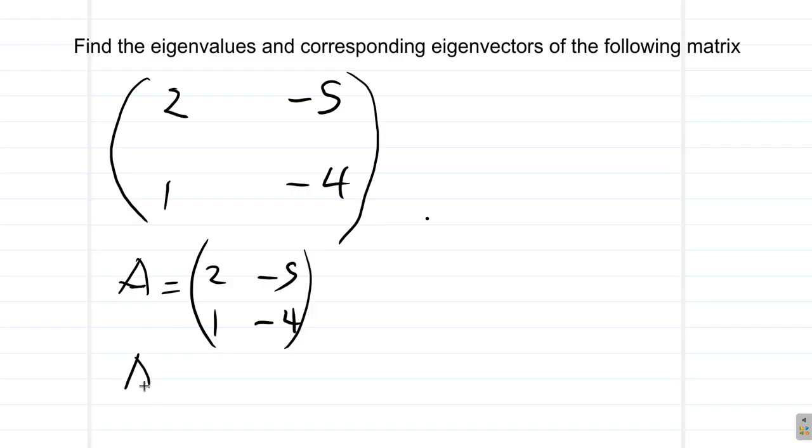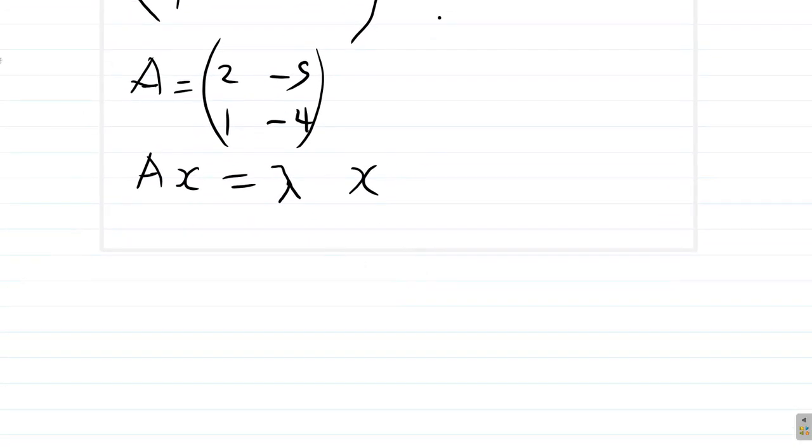Now, a matrix multiplied by its eigenvector, represented as x, is equal to the eigenvalue of the matrix times the eigenvector x. I put a little space between lambda and x for a reason. We'll soon come to that. Now, if you subtract, you have Ax minus lambda x equals 0.